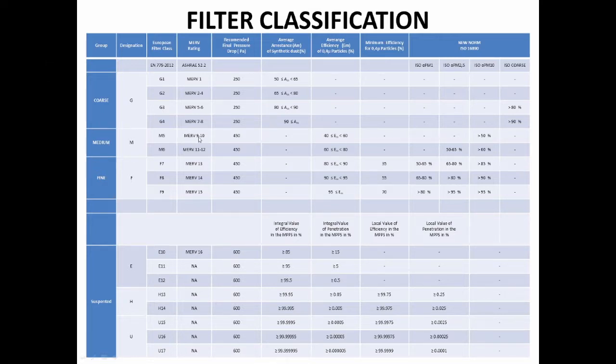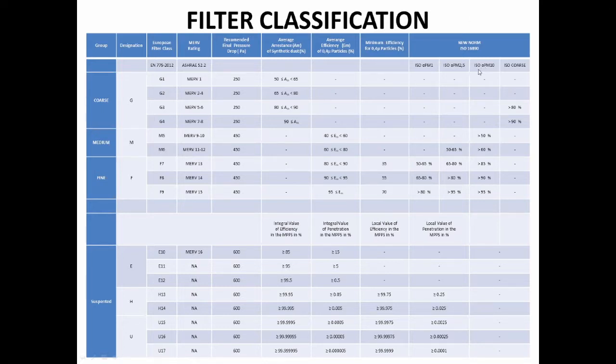I think you are also oriented to US standards. You use inches, MERV, so you should consider this point. But right now, according to ISO, they expanded the particle sizes according to different particle size.